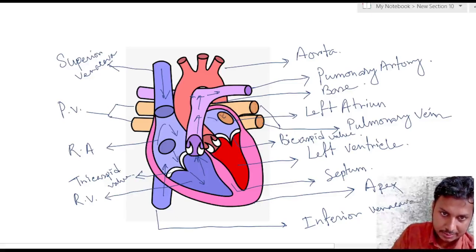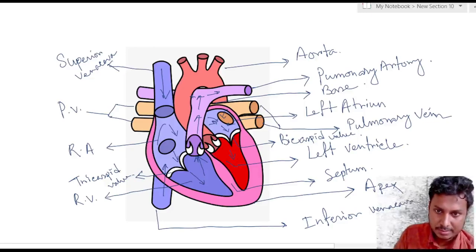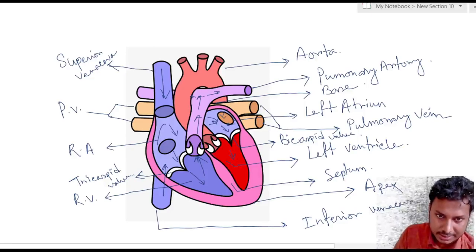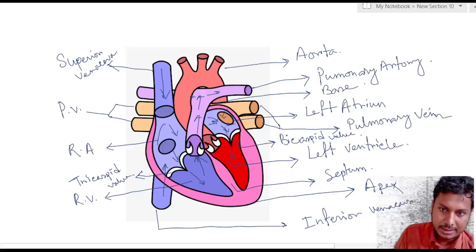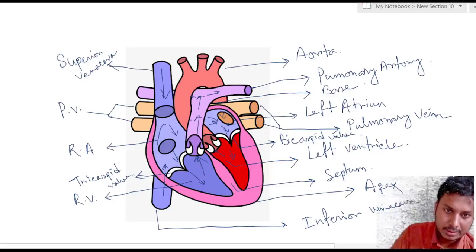Oxygenated blood comes on this side and this side, and goes to the left ventricle. The left ventricle pushes. Here is also the bicuspid valve. Blood only comes to one side, like this side, not that side. When the left ventricle pushes, the blood goes through the aorta. Here is also a semilunar valve.